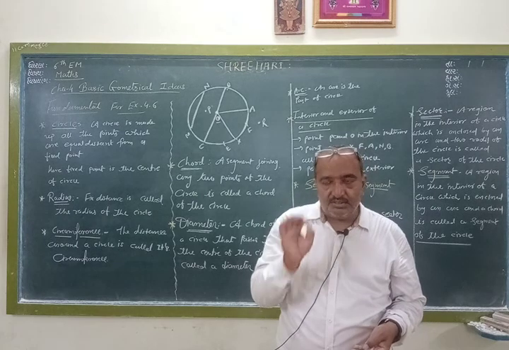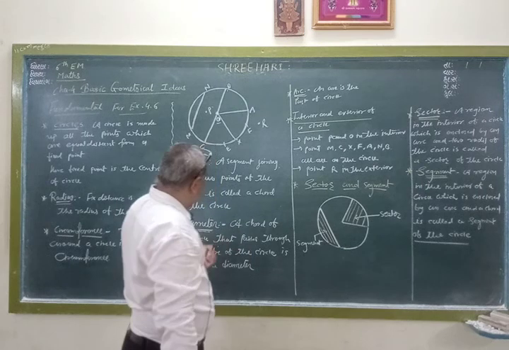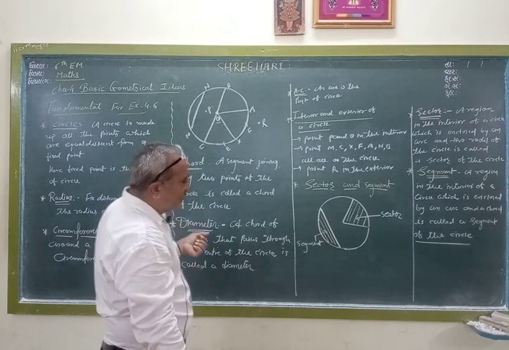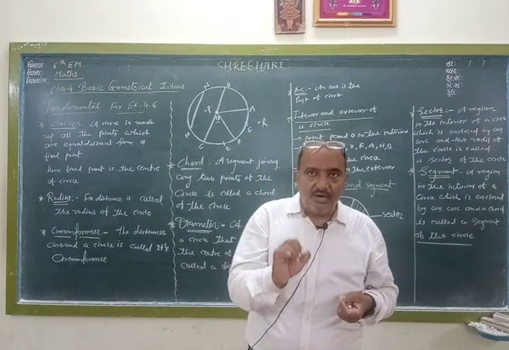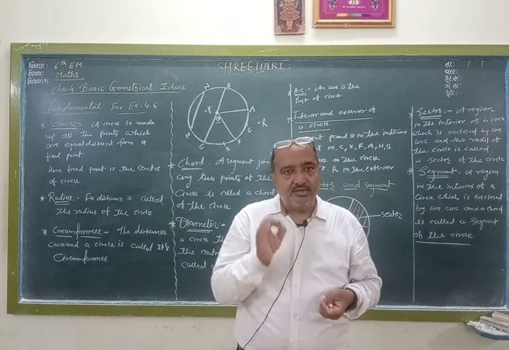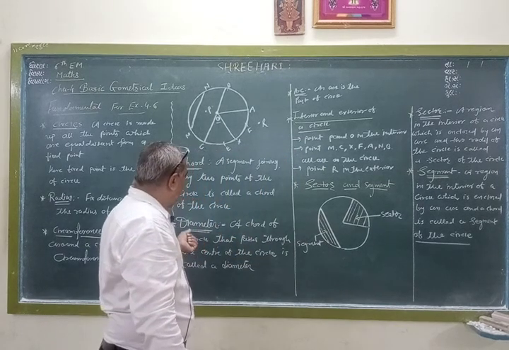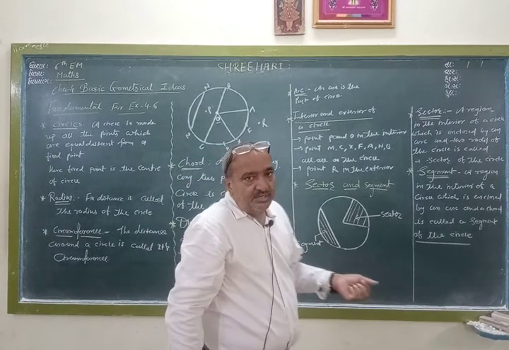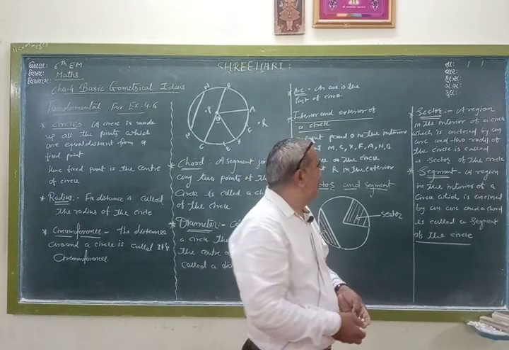The biggest chord of the circle is known as the diameter. There are two definitions of diameter. One definition is a chord which passes through the center, it is known as the diameter of a circle, and the biggest chord of the circle is also known as the diameter of a circle.